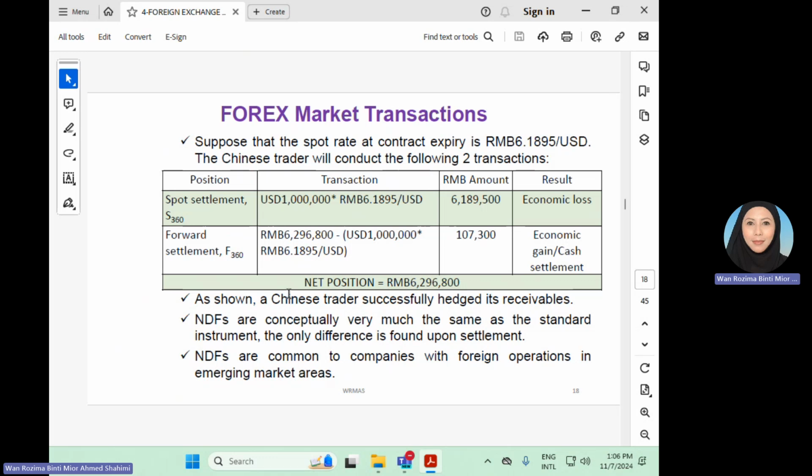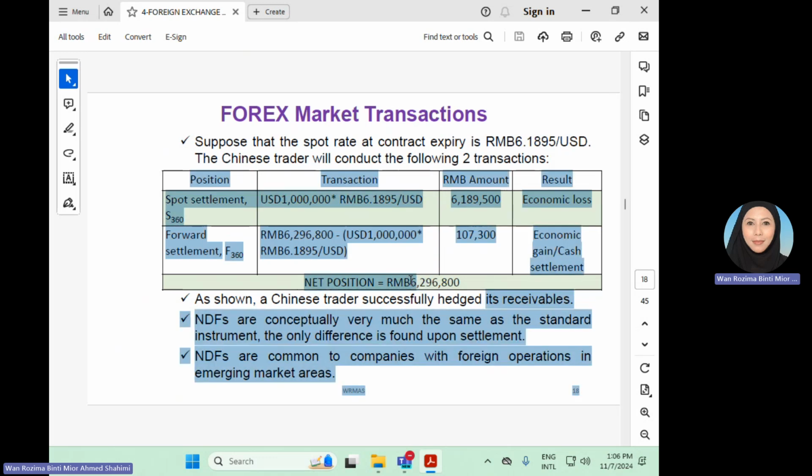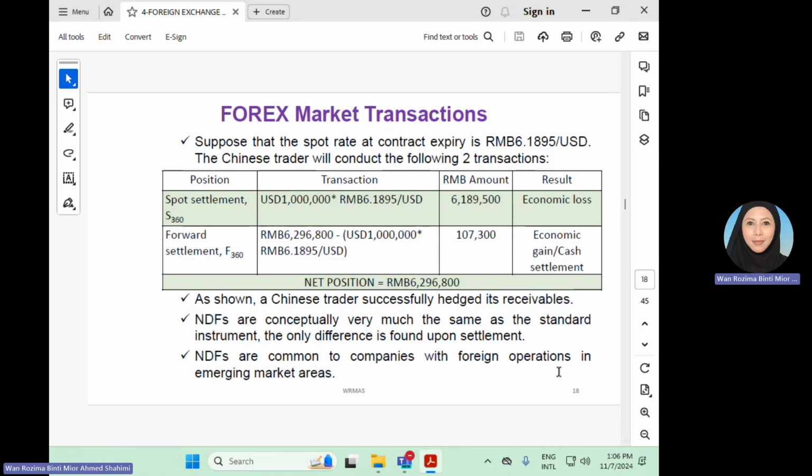This is the one used under NDF, minus the difference, and then you cover this. So the net position: the forward settlement rate minus this, the difference between these two is covered by the forward settlement under the NDF rate.